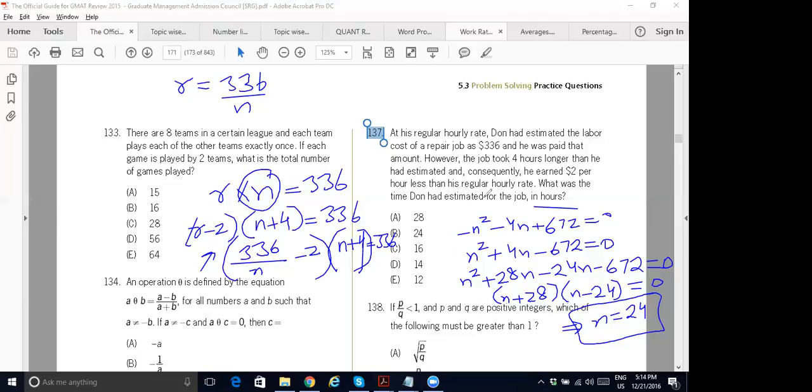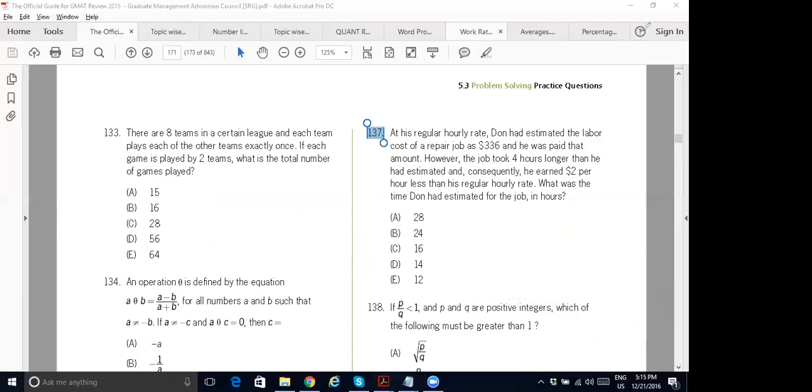Now, based on all this, what do you think would be an easier way of solving this? Because obviously, this way is time consuming and error prone as well. I don't know actually.